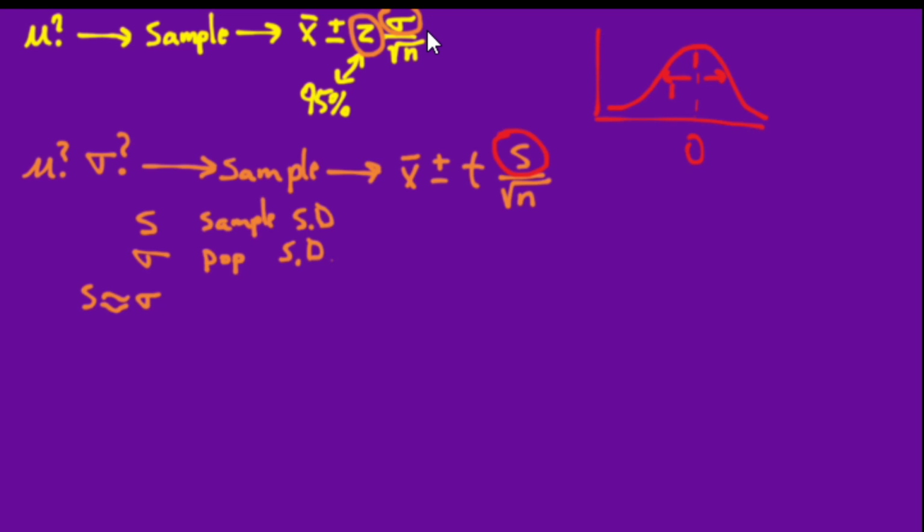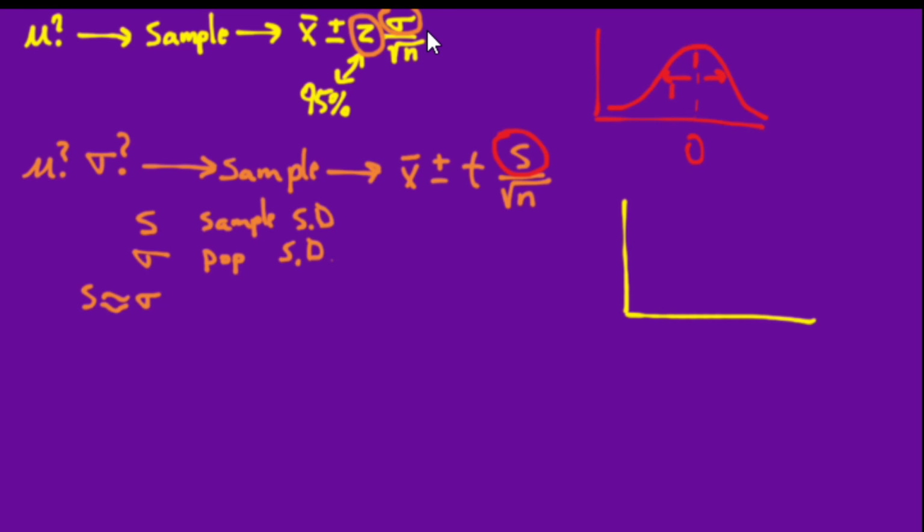Now, the T distribution is really the T distributions. It's a family of distributions, much like, remember, we talked about normal distributions as a whole family of distributions. The T distributions are all related to the Z distribution, but which distribution we use depends on the sample size.